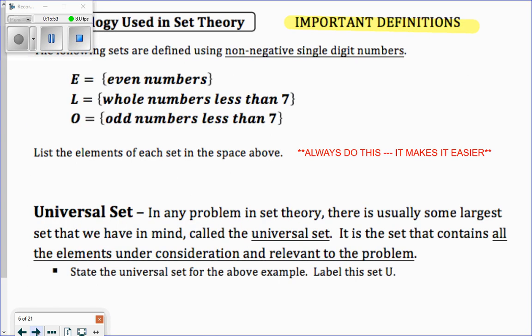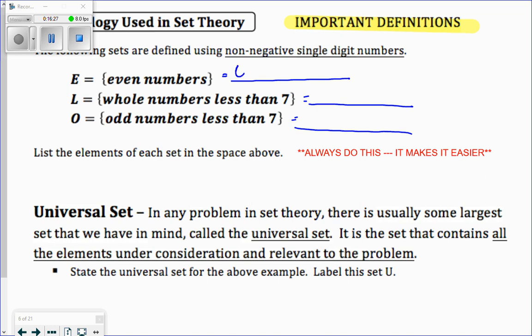Okay, so it says the following sets are defined using non-negative single digits. So non-negative just means positive. So list the elements of the set. So I'm just going to do it beside each one instead of writing it in this own little section here, but that's just how I prefer to do it. So what are the single digit even numbers?